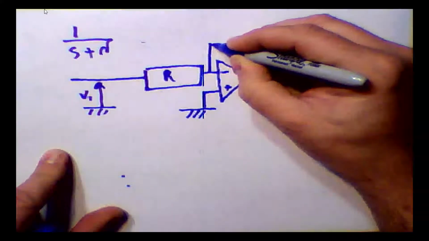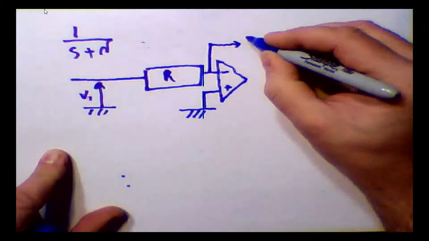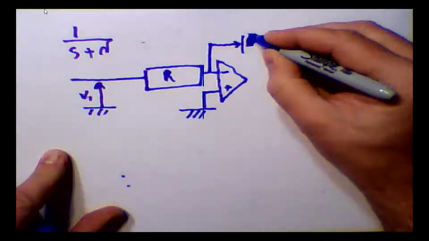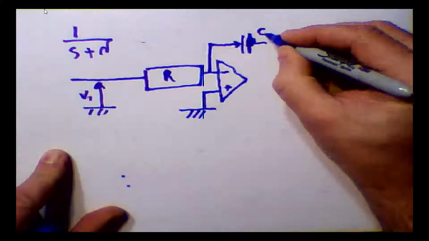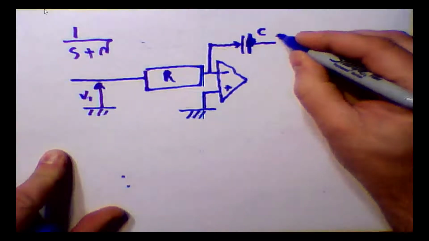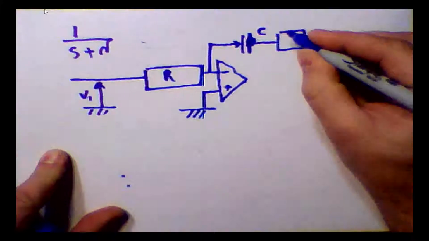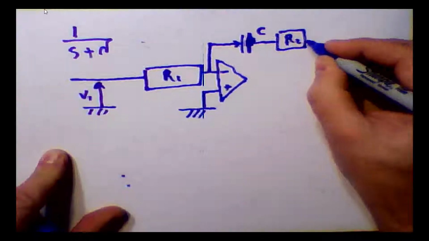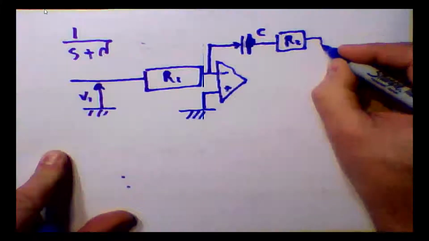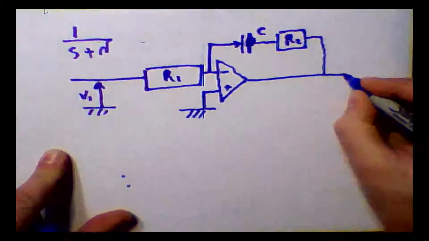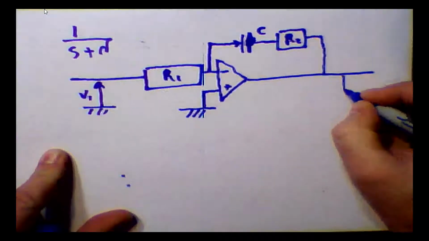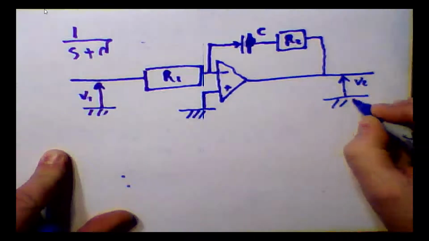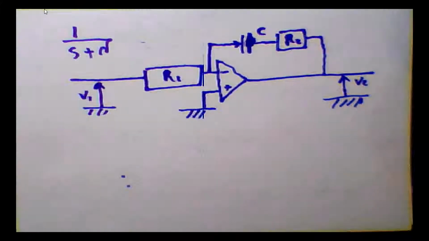Now, we will connect these things to a capacitor and to a resistor, which we'll call R2. And we'll hook this up to V2, the voltage at the output.